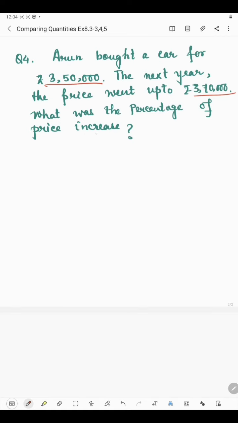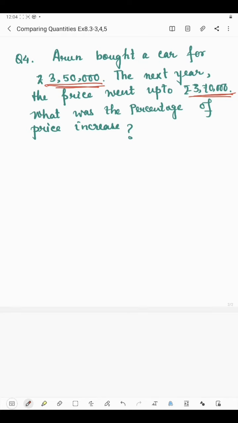What was the percentage of price increase? We will have to find the percentage increase, but before finding percentage, we need to see first what the initial value was. This 3,50,000 was the previous value of the car, isn't it? And now it has gone up to 3,70,000. So the current value is 3,70,000.